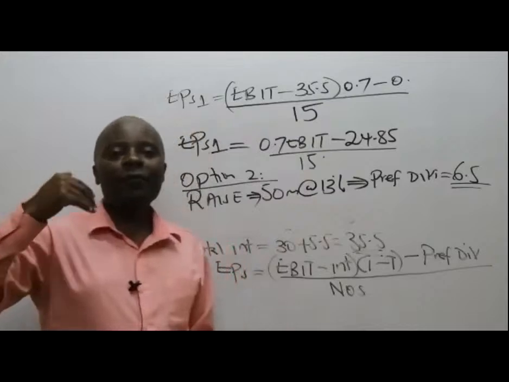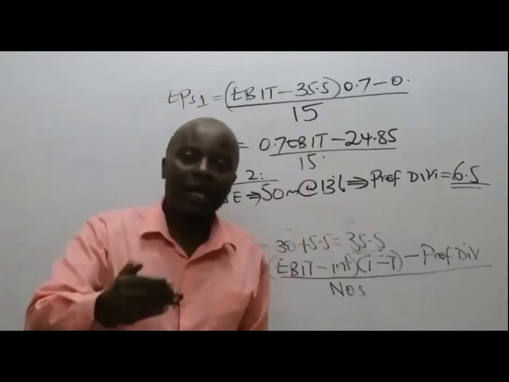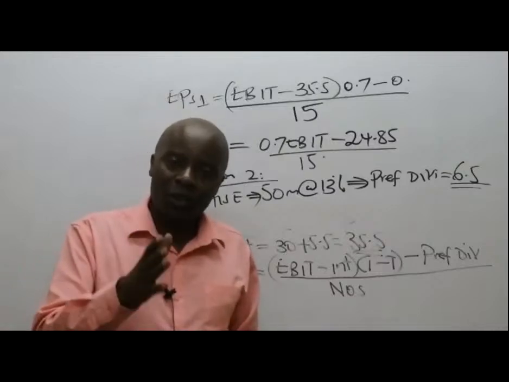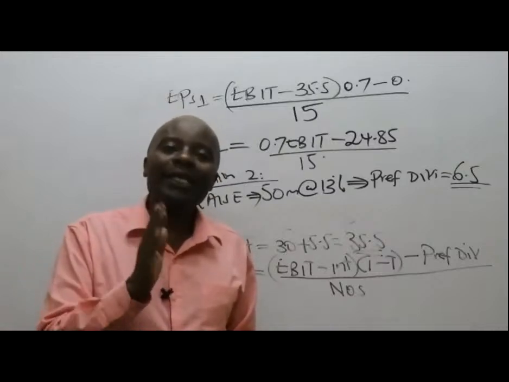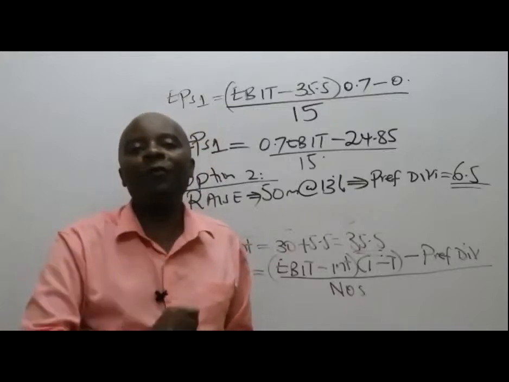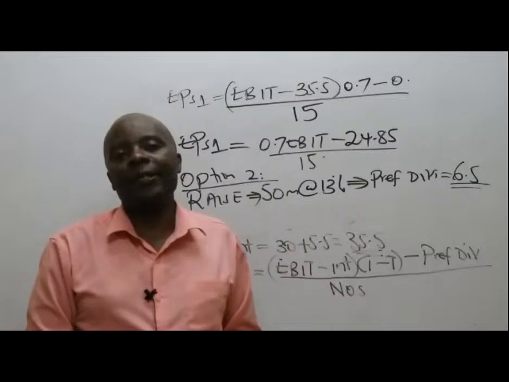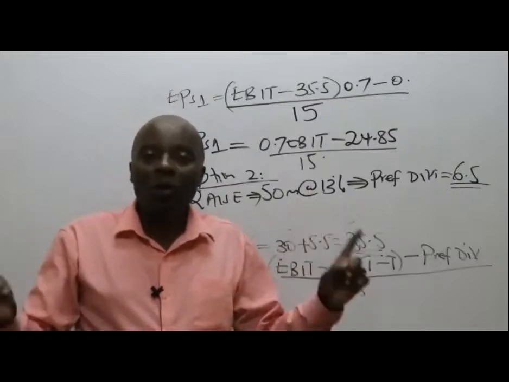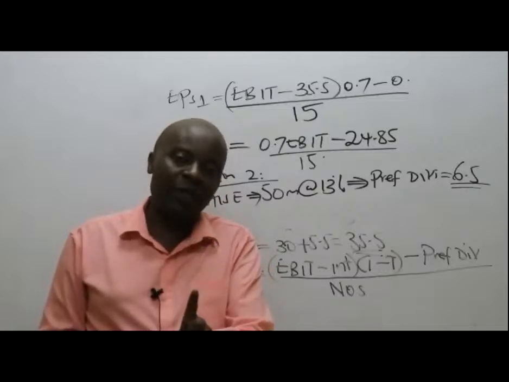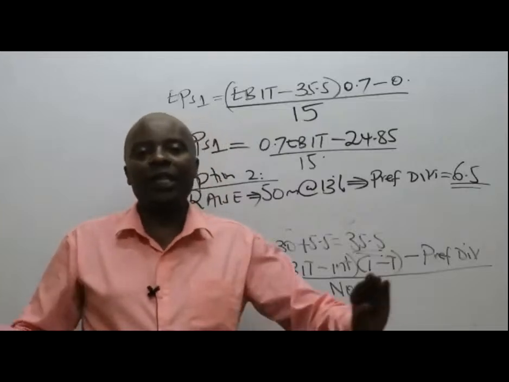Remember, if we are going to pay interest, it will only be interest arising out of our old debt of 250 at 12%. Remember this time round, option number 2, we are not going to borrow. We're not going to use a debt instrument. Option number 2, it's dividends.